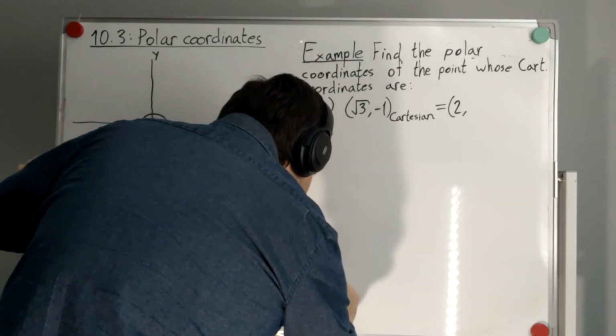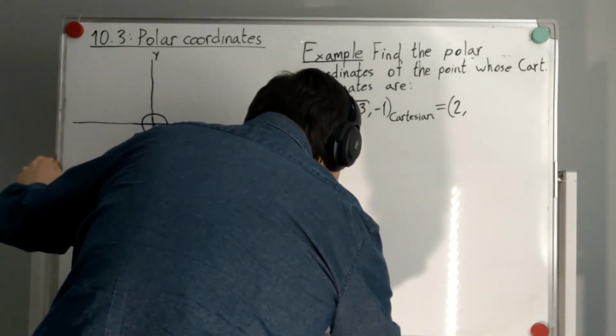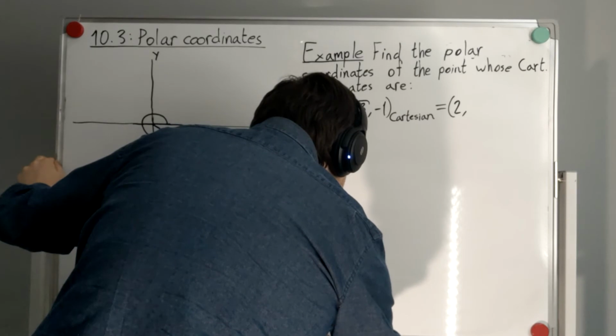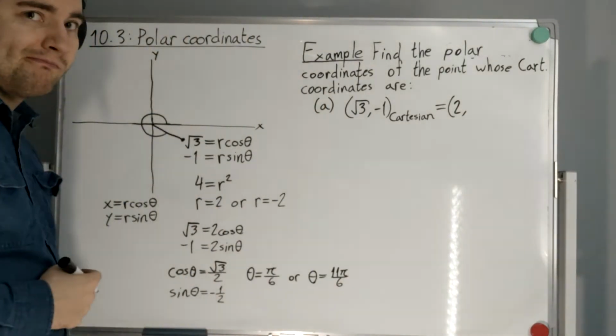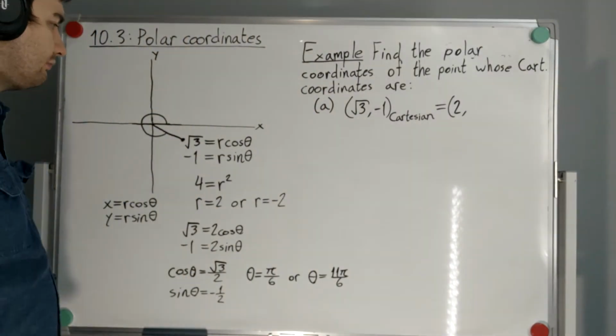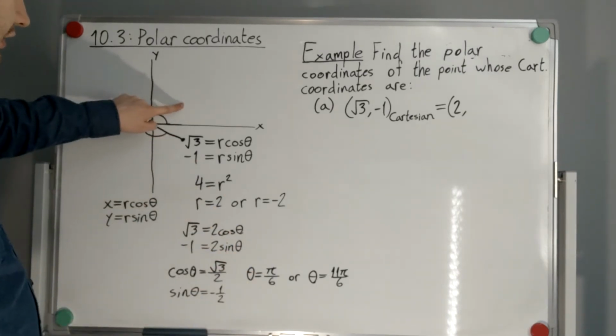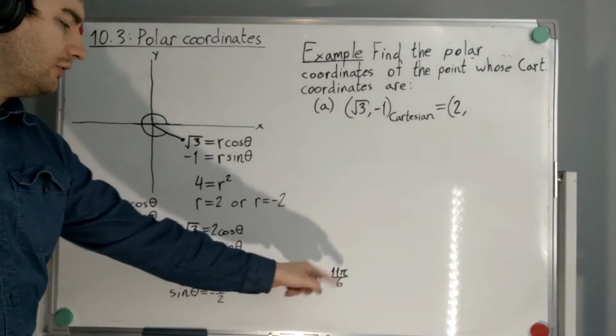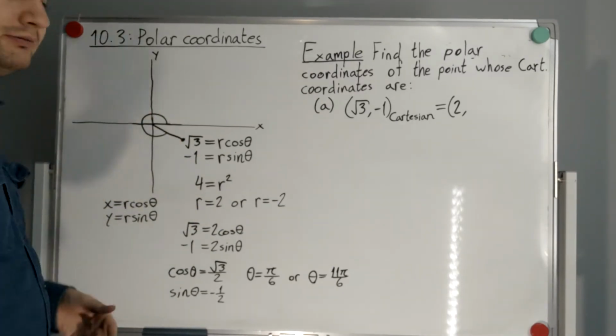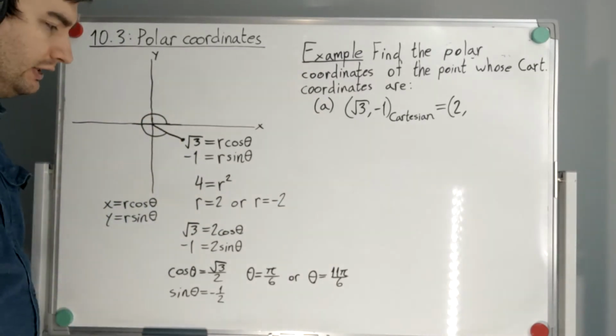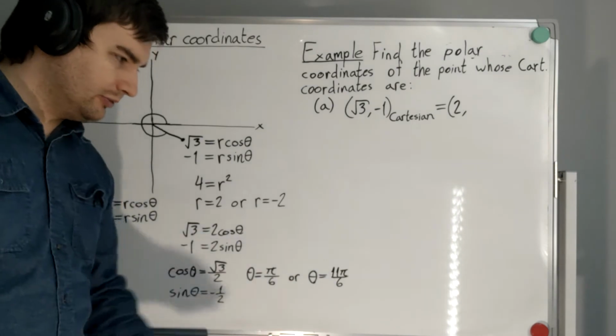The other one is 11 pi over 6. Pi over 6 has an x-coordinate of root 3 over 2. 11 pi over 6 has an x-coordinate of root 3 over 2. So 2 solutions between 0 and 2 pi.